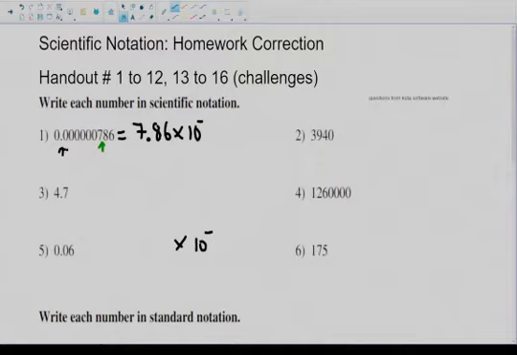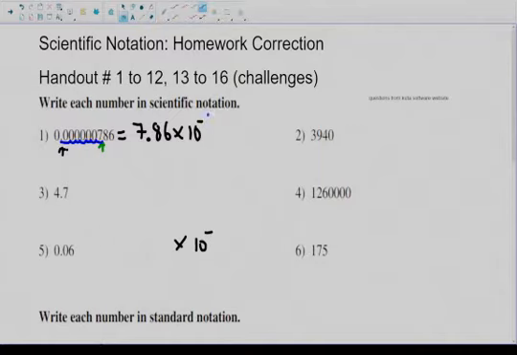So the power of 10 comes from how much did I move it by in which direction. So I'm moving it 1, 2, 3, 4, 5, 6, 7 to the left to get it back to where it was originally, and that means it's going to be a negative 7. I hope I counted that right.